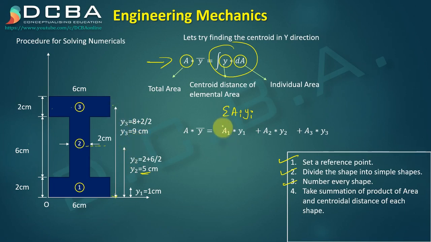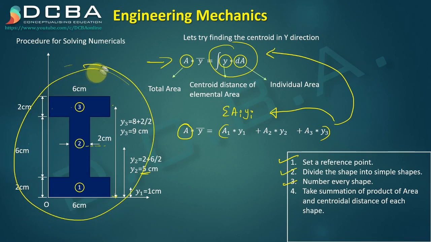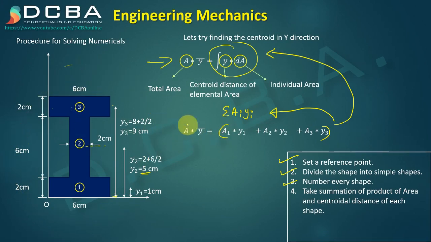So this entire term denotes the integration of y dA, or we would also call it the summation of ai yi. And this term a is the total area of your entire object.